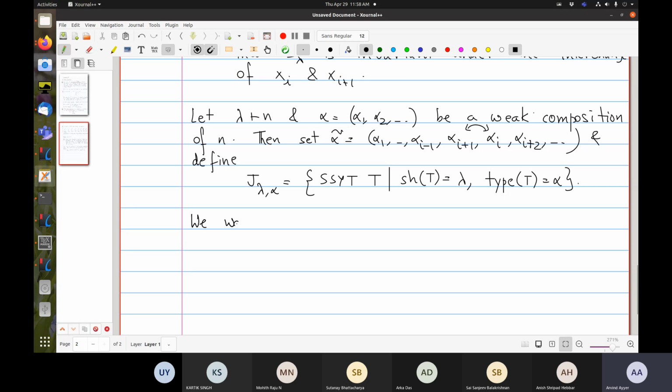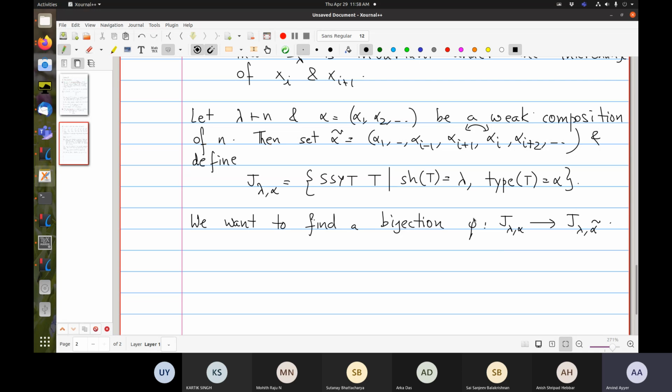So a bijection phi from J lambda alpha to J lambda alpha tilde.